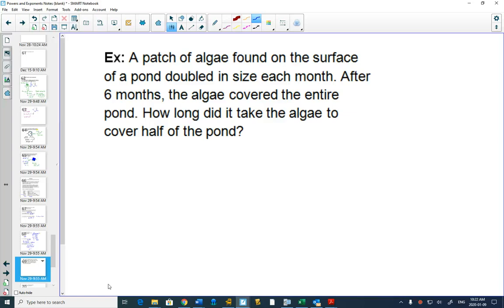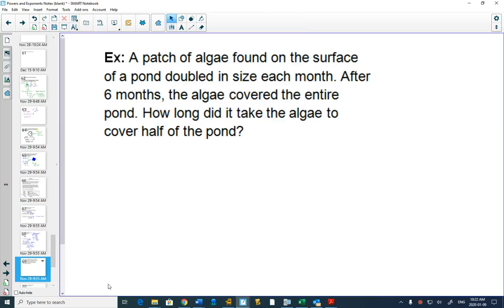Oh, this is a good question. If it covered the whole thing in 6 months, and it's doubling every month, how long did it take to cover half of the pond?